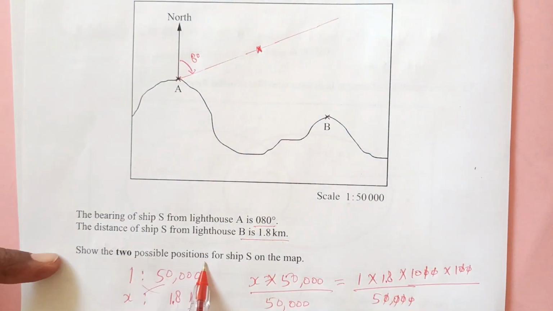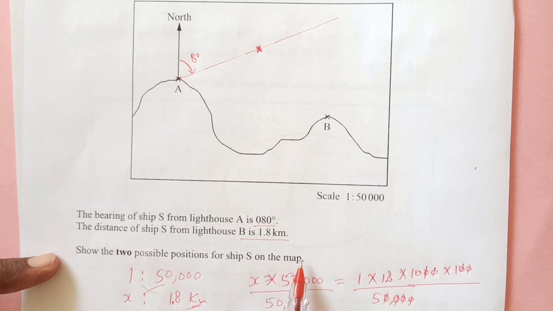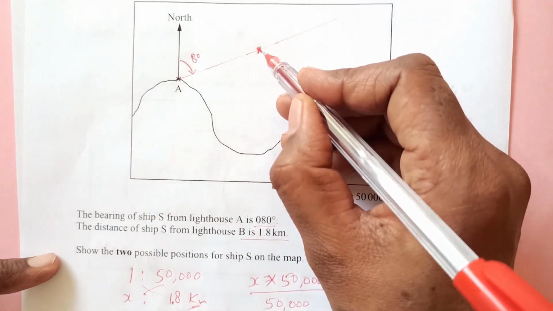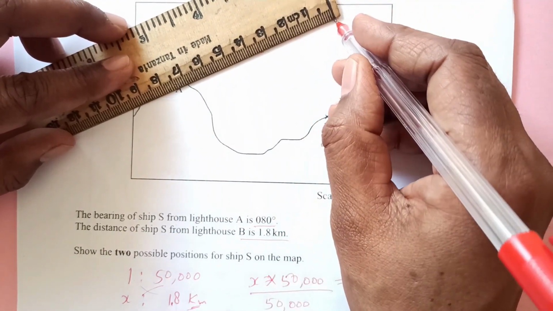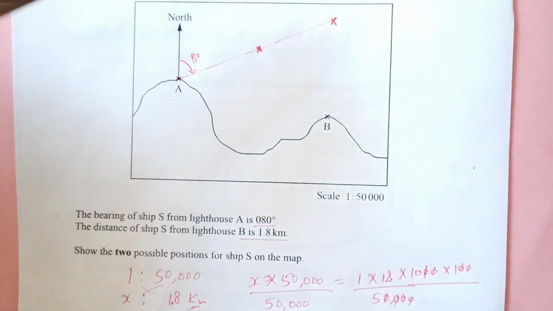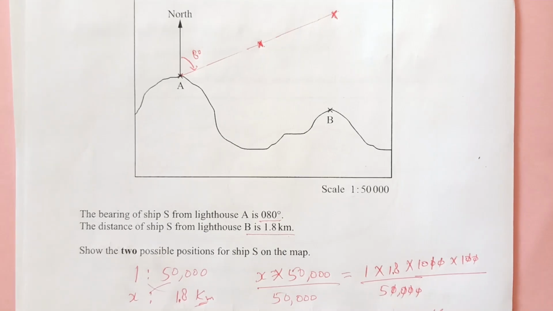So two possible positions for ship S on the map. One is this one, and another one may be away from this, again 3.6. So we have two possible positions for that one, right?